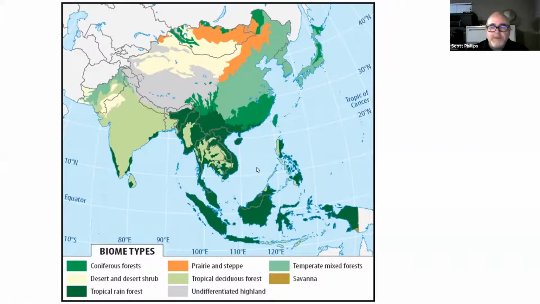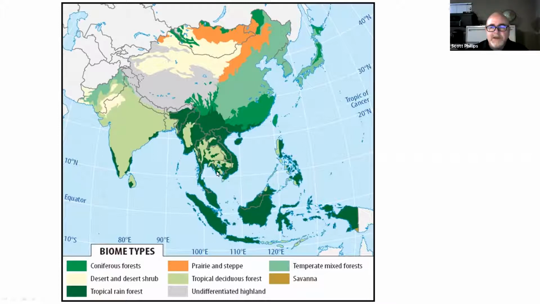If we look at the natural vegetation of the region, this is another area of the world where we have tropical rainforests. We have more mild climates like the United States and East Asia, and drier tropical monsoon climates in South Asia.